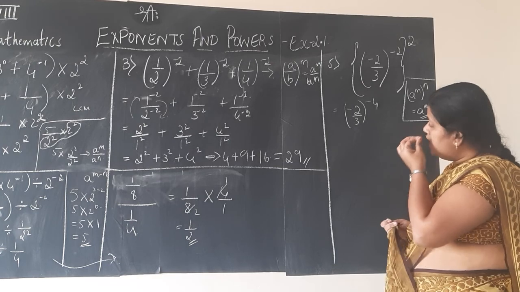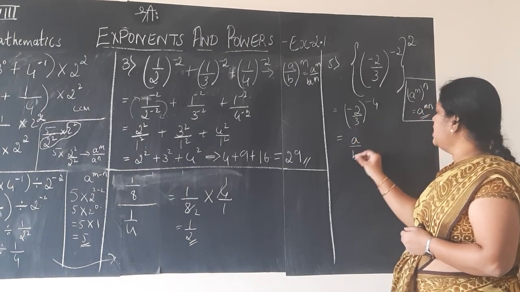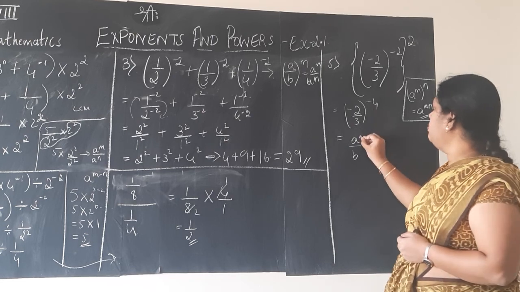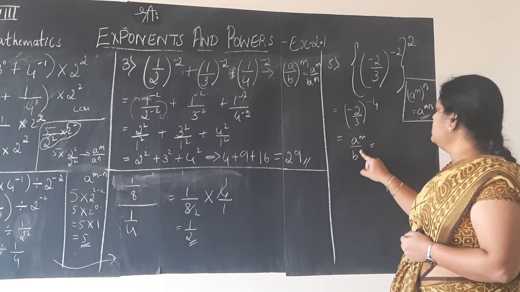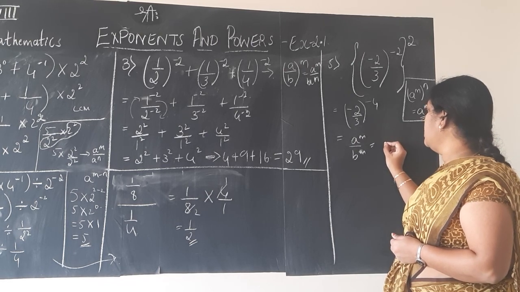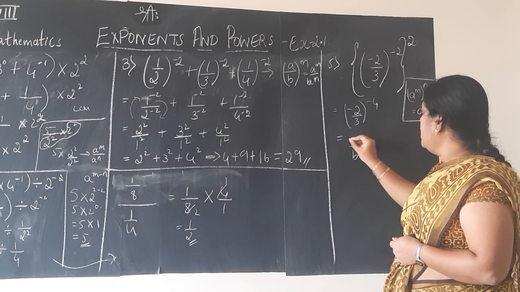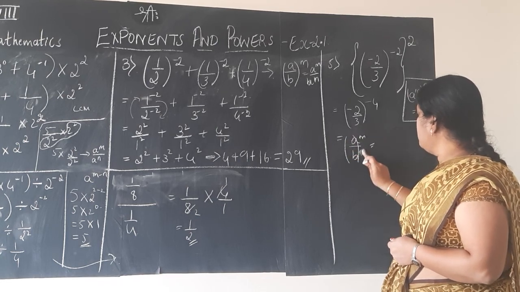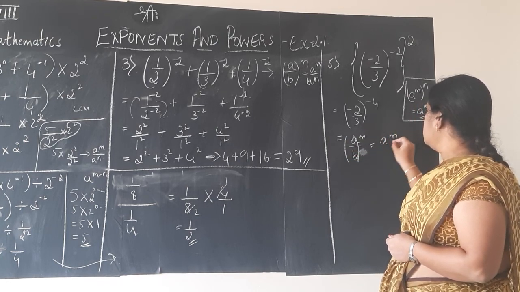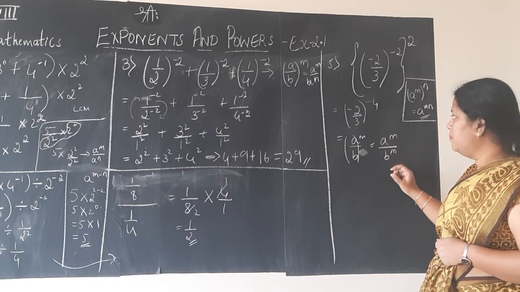Now, again in this division, if you observe, you have different bases a and b but common power m. So, what is a to the power m divided by b to the power m? Sorry, a by b whole to the power m, that is equal to a to the power m divided by b to the power m.